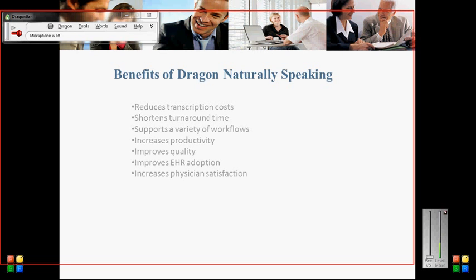They actually get excited. They are fascinated that they're able to see the dictations in real time. And of course, the bottom line is it increases physician satisfaction when we introduce the concept of Dragon being used as a dictation option as opposed to the transcription service.